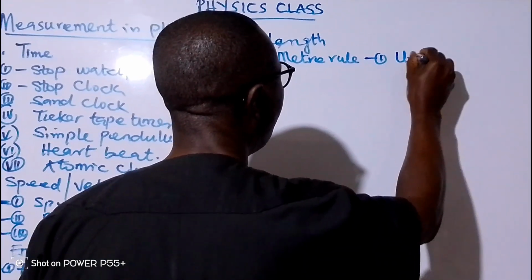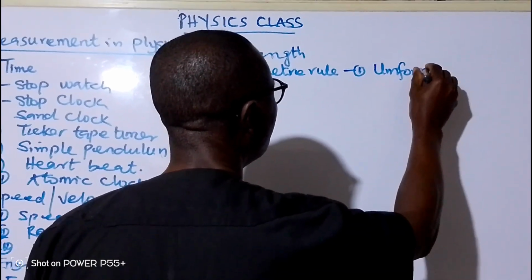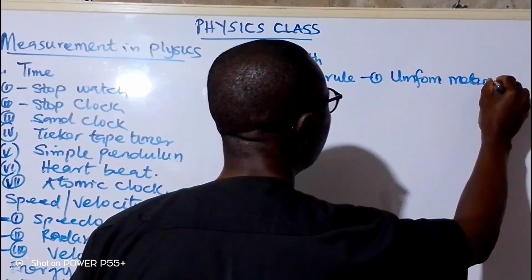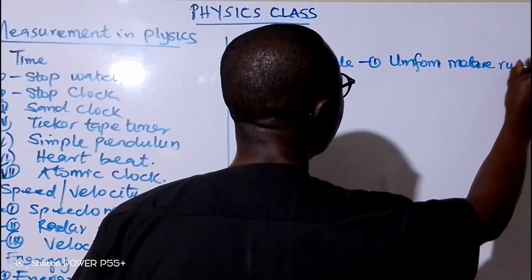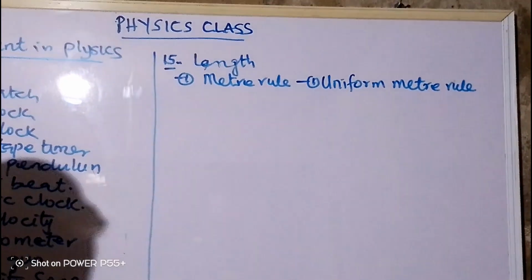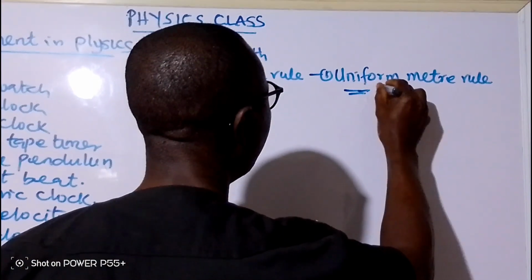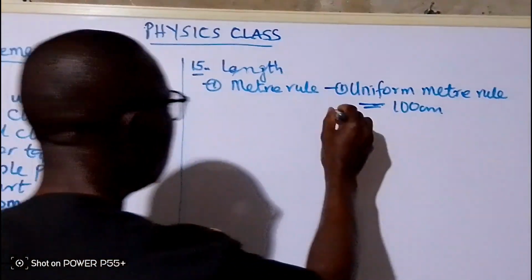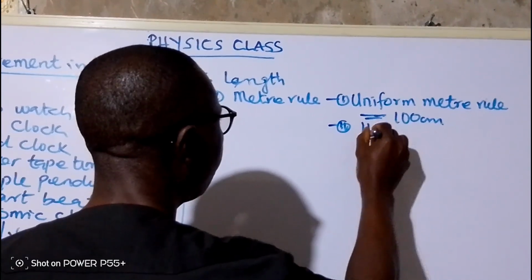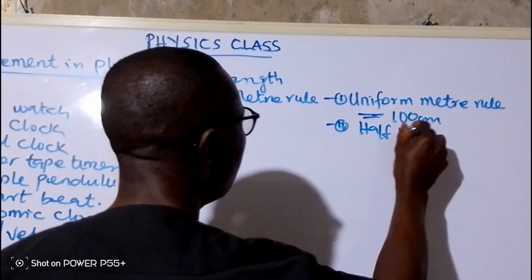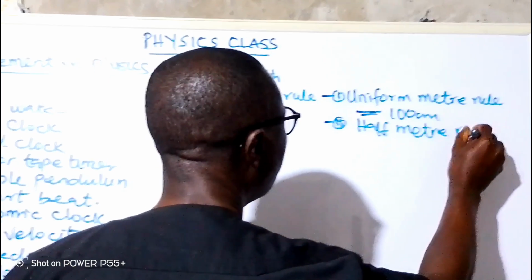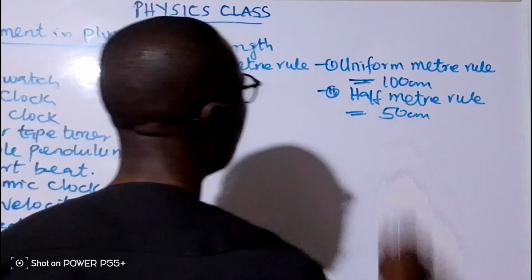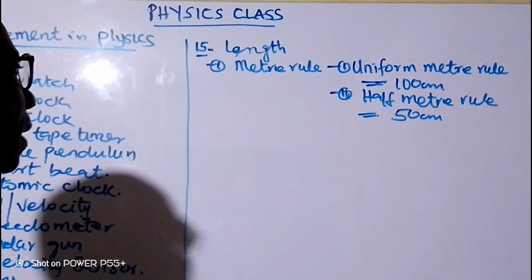We have uniform meter rule. This one has a maximum length of 100 centimeter. And the second one, we call it half meter rule. This one is 50 centimeter. That is half of 100 is 50.